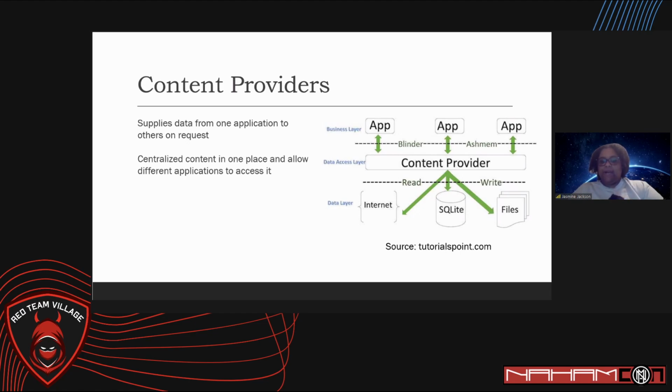The content provider is like the middleman between the apps and the data layer. It's like the middle layer saying, hey, all of you apps come to me, then I will interact with the things you want to do, and then it will go back and forth that way.